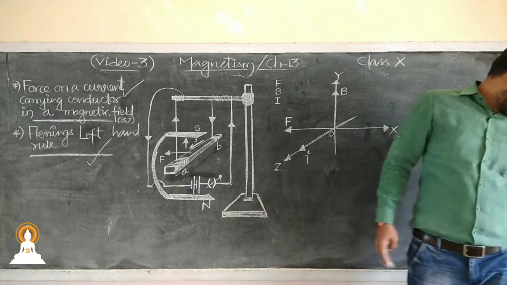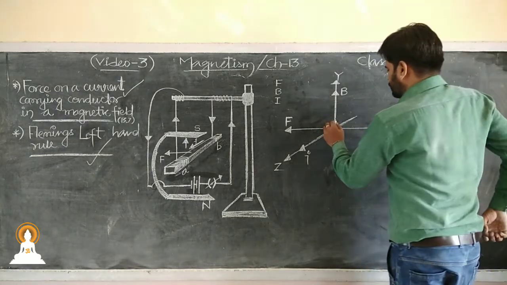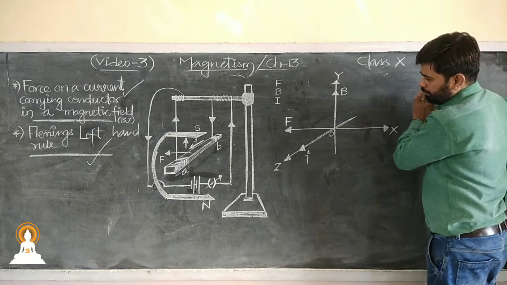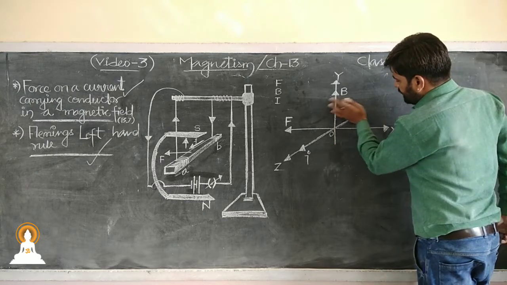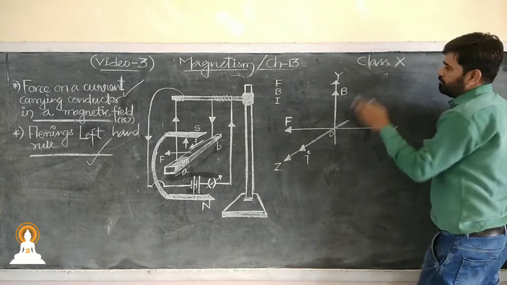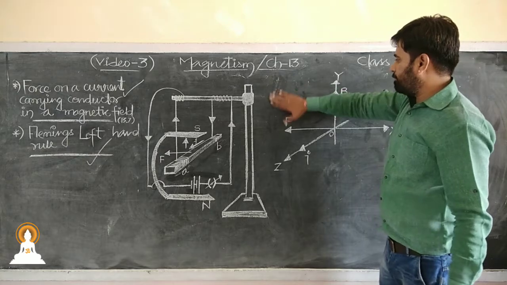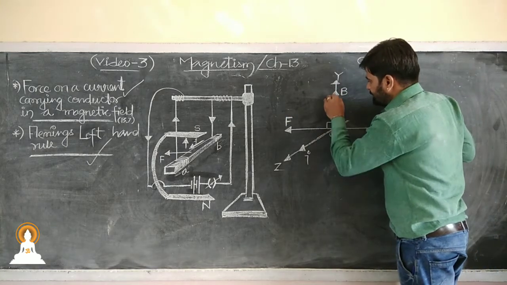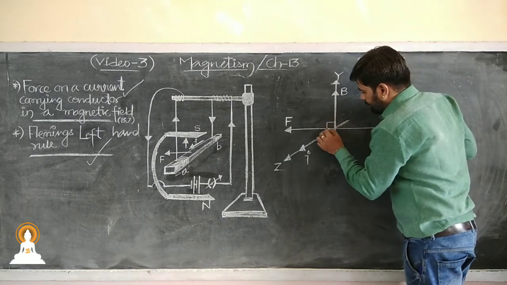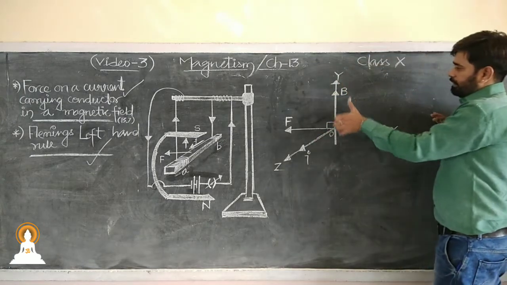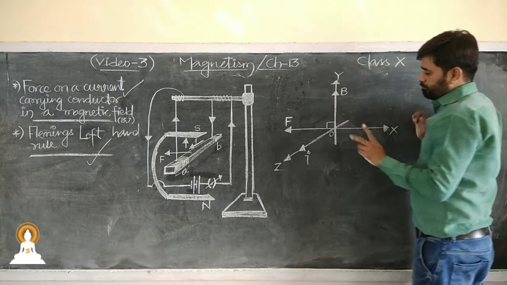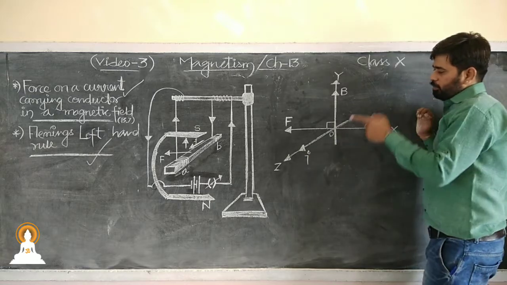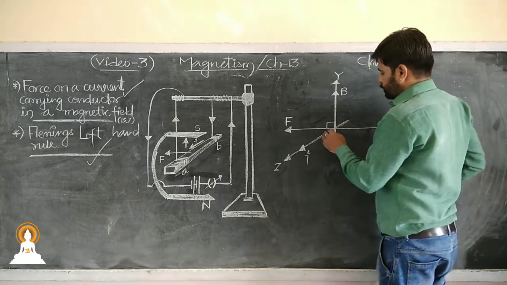Now for this Fleming's left hand rule we may have one formula, which is there for higher studies, so we will introduce it later on. For the time being, this is Fleming's left hand rule, which says when we place our thumb in the y direction and middle finger in the z direction, then directly we will have the index finger in the direction of force.